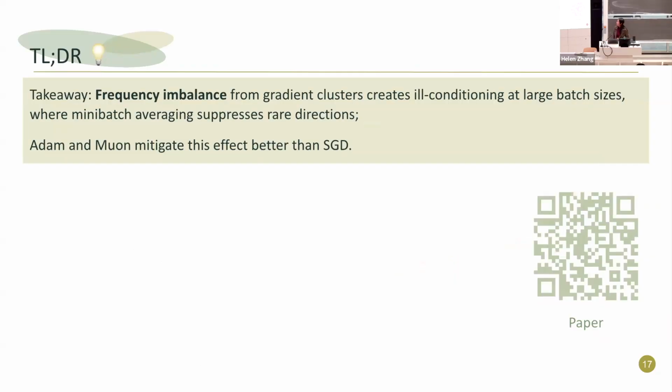To quickly conclude, we define frequency imbalance from gradient clusters that creates ill conditioning at large batch size, where mini-batch averaging suppresses the rare directions. This explains why Adam is better in the first and last layer and why Muon is better in the middle layers.